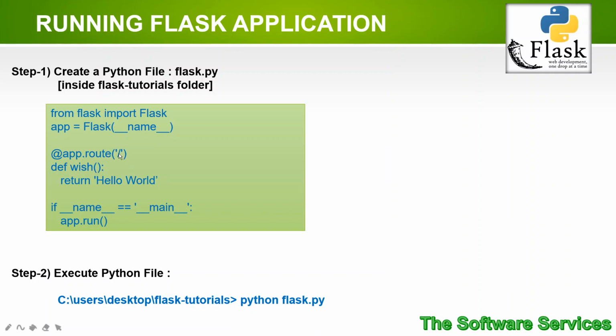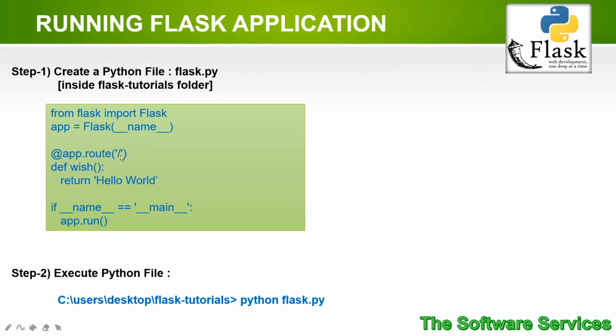That means a URL pattern will execute a specific function. If you want slash signup, if a user goes to the browser and types the URL as slash signin or signup kind of things, then the particular function below this decorator will be executed.